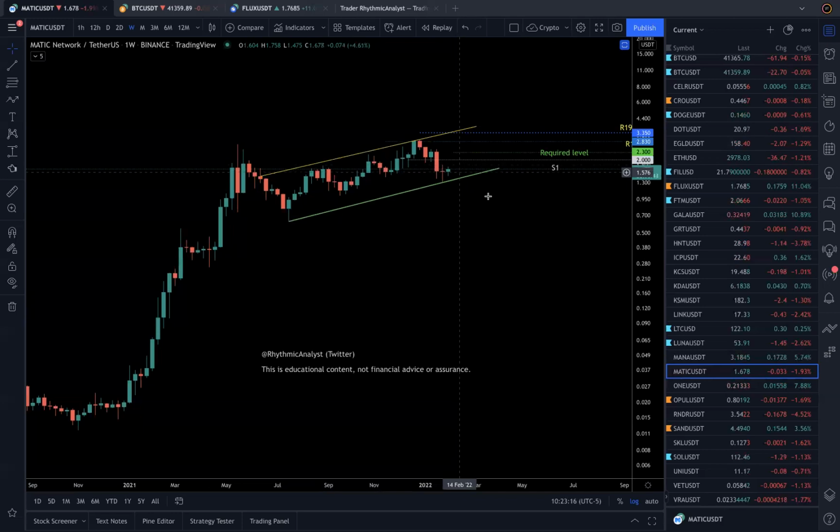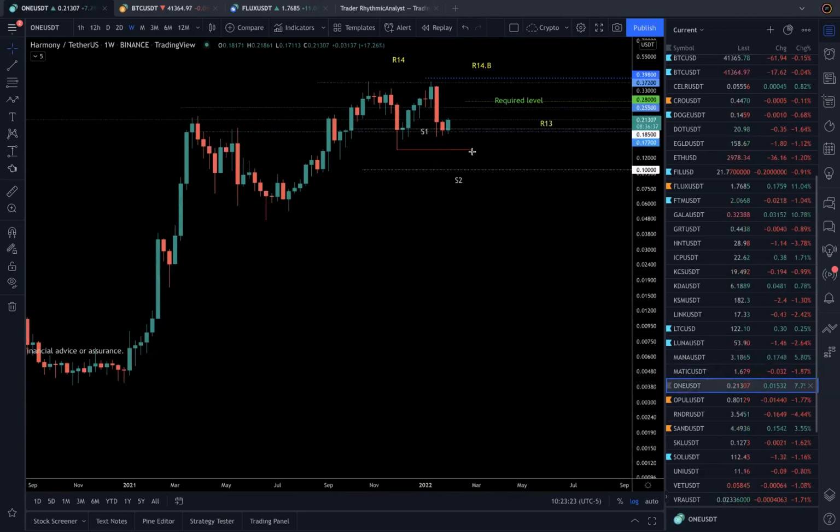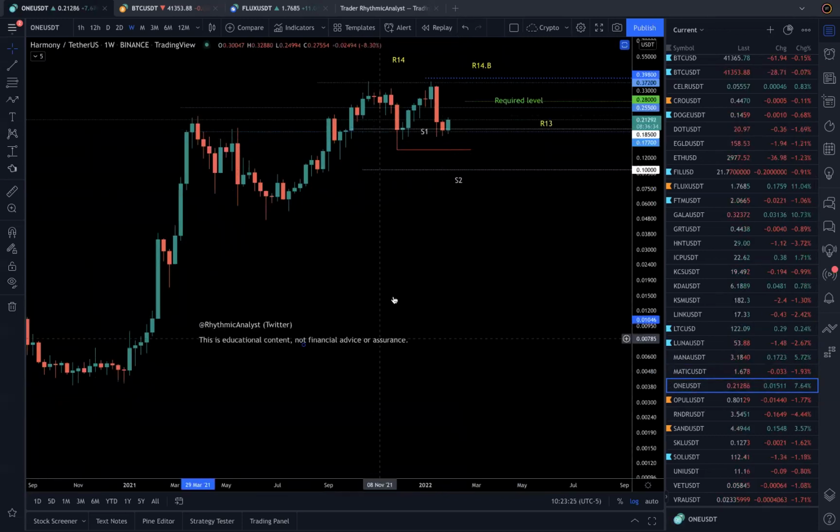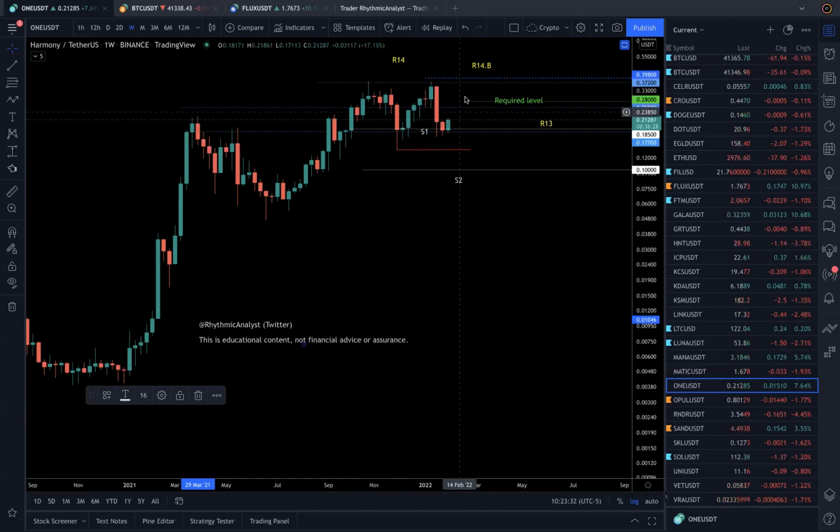Didn't lose much. It's looking strong. One is also one of the strong ones. Bouncing off R13, so you can expect it to move in this direction in the next few weeks. Strong, especially today, it's up by 7%.